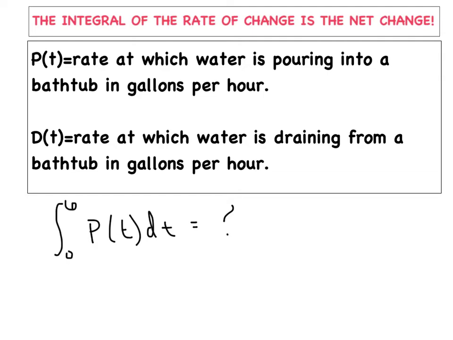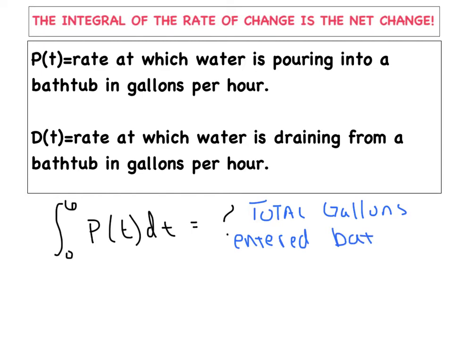I describe that as the total number of gallons that have entered the bathtub or been poured into the bathtub between t equals 0 and t equals 6 hours. Notice I focused on the units, and I also focused on the endpoints that were on the integral.